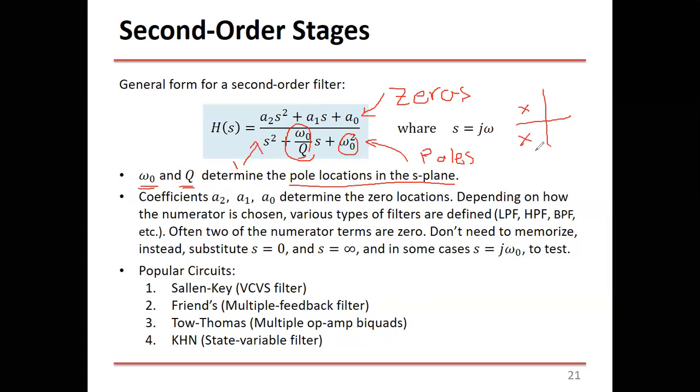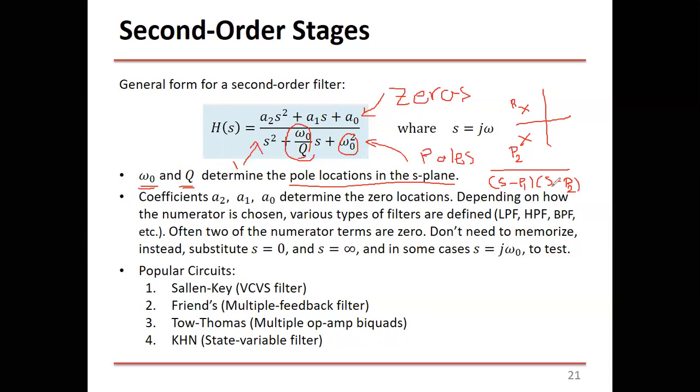So that means this is P1 and this is P2. So in the denominator, what do you have? You have S minus P1, because this is the first factor, and the second factor will be S minus P2.